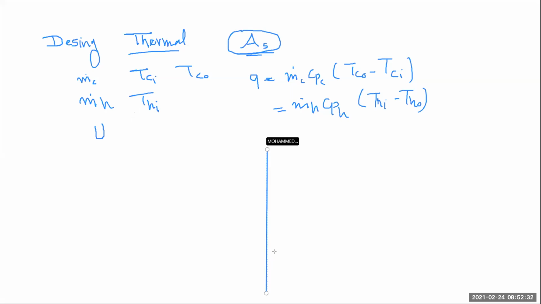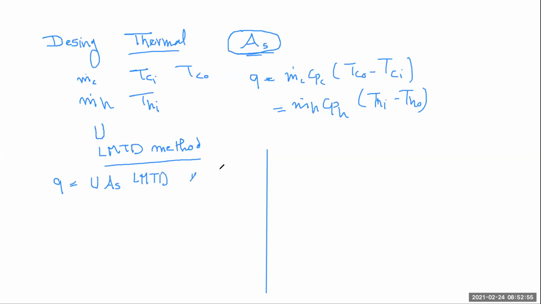One old typical method is what we call the log mean temperature difference method, which states that the heat transfer rate for the heat exchanger is equal to the overall heat transfer coefficient times the surface area times the log mean temperature difference times a temperature correction factor F.